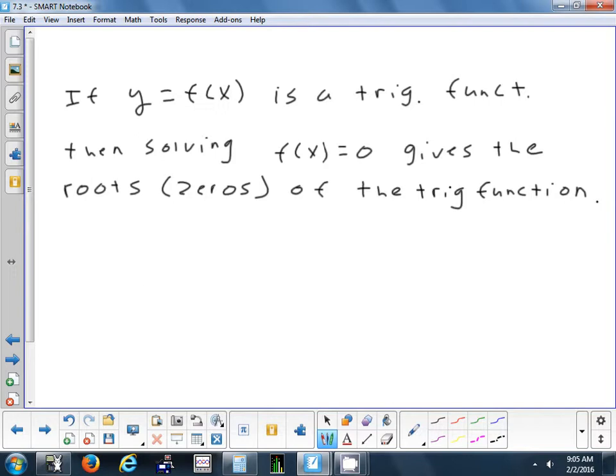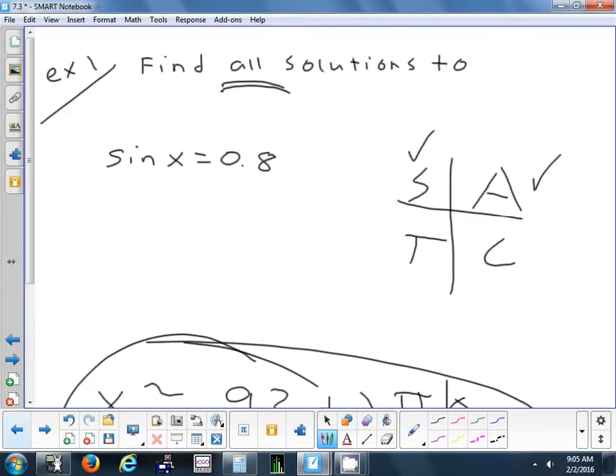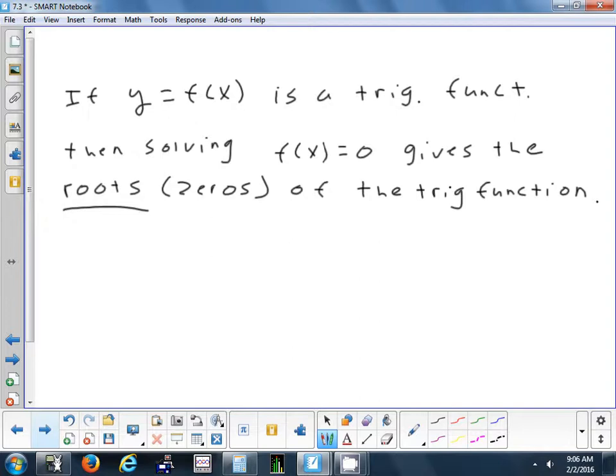All right, so basically what we're doing here is we're finding roots, so we're finding zeros. If we get an equation equal to 0, which I could have done on the last problem, I could have just graphed this, and I would have gotten exactly the same answers. But instead of finding intersects, I would be doing it as a root.